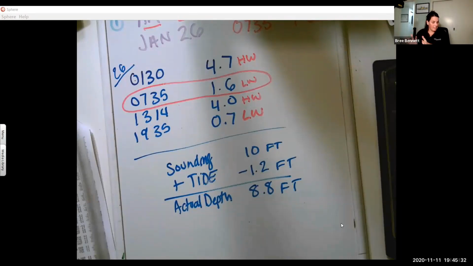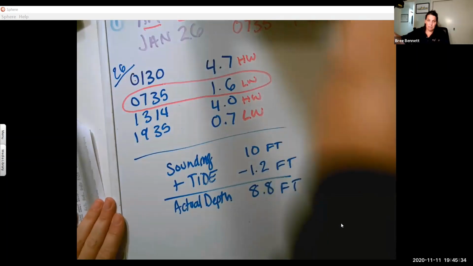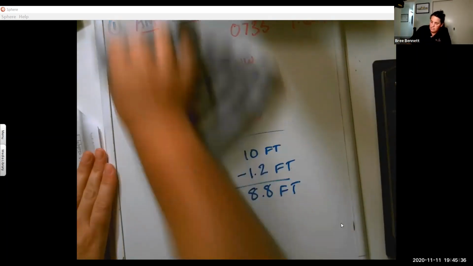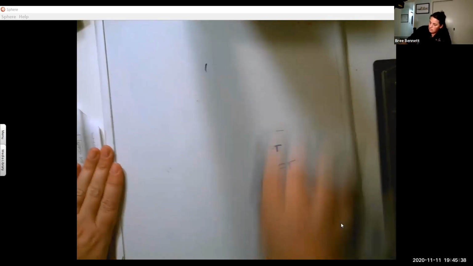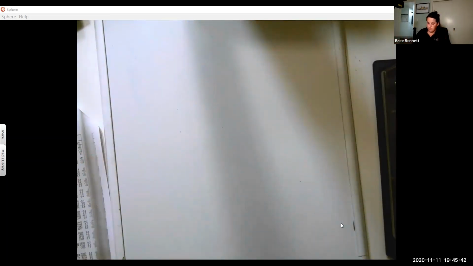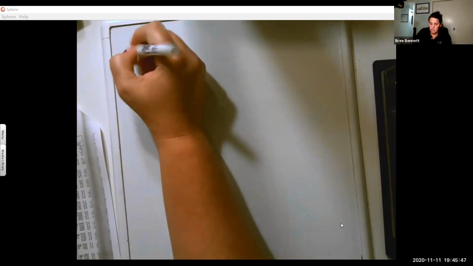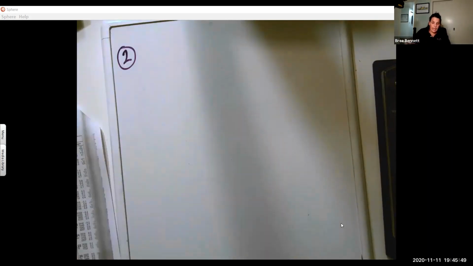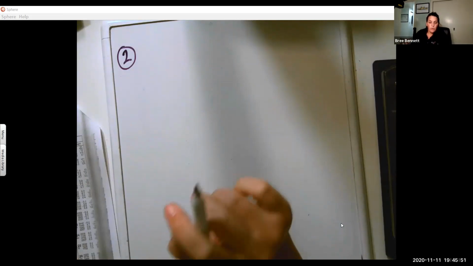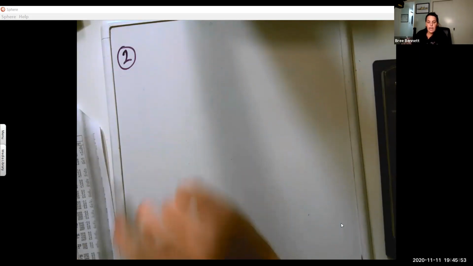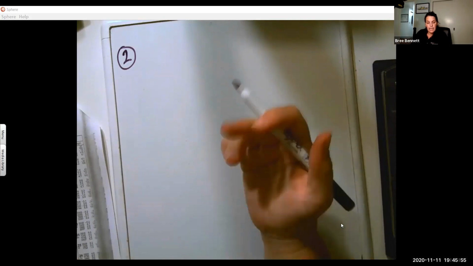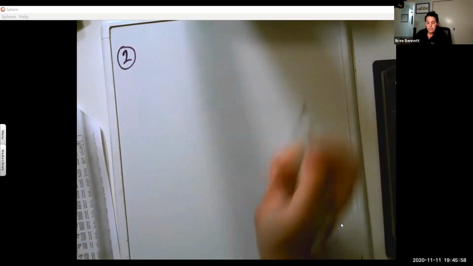Okay, let's add a step to it. Let's go to number 2. Number 2 asks us, when and what is the afternoon high tide and following low tide at Newport Bay entrance?